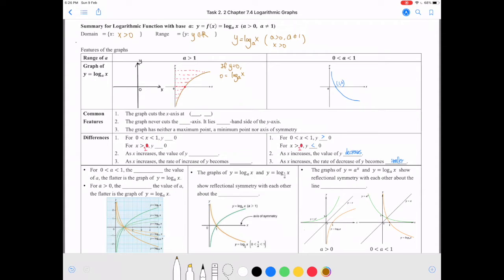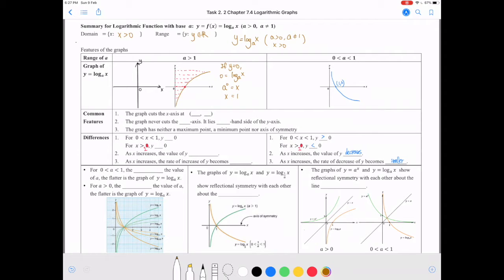Can we write it in exponential form? We can write a to the power of 0 equals x. So x equals a to the power of 0. So a to the power of 0 is what? It is 1. So we have x equals 1.